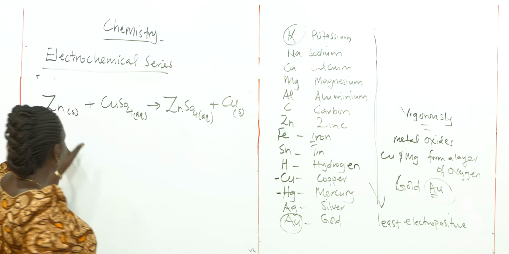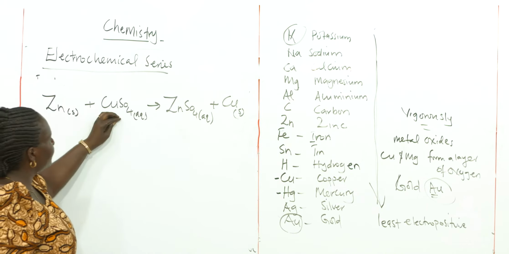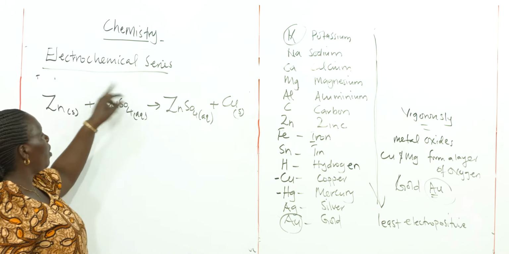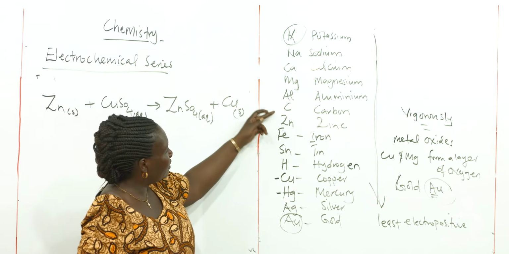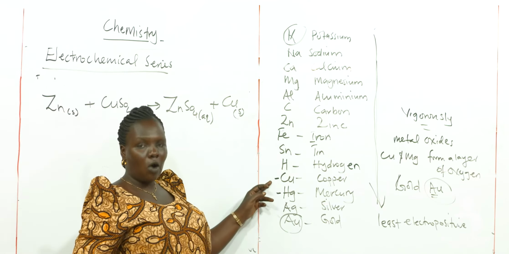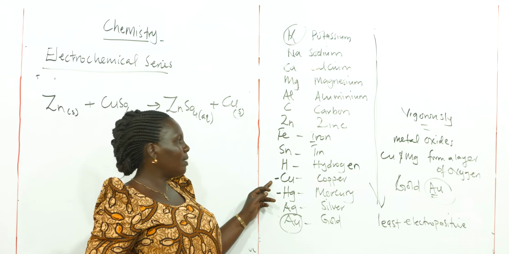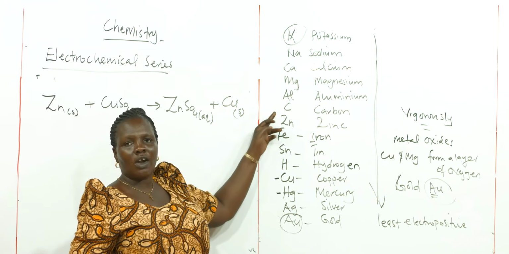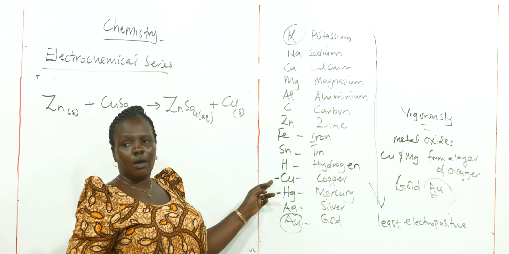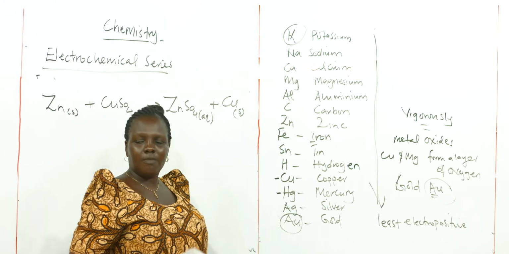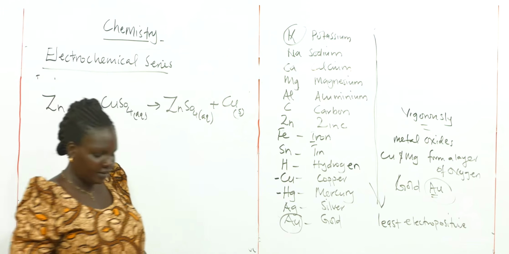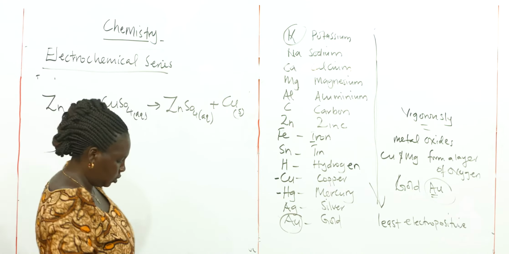So if you see here, zinc displaces copper from copper sulfate. Why? Because in the series, zinc is higher than copper. That is simply, zinc is more reactive than copper. So any metal that is more reactive than the other displaces the least reactive in reactions.